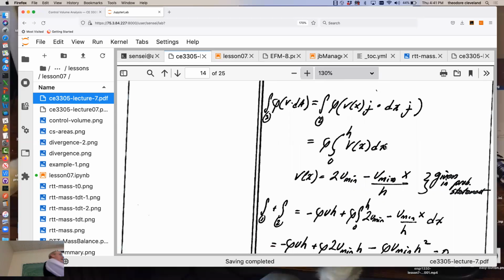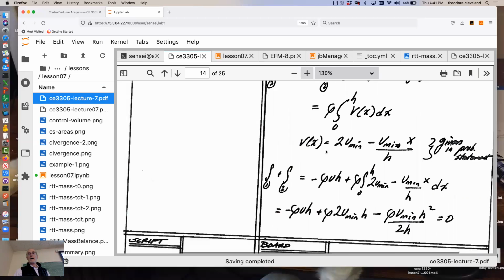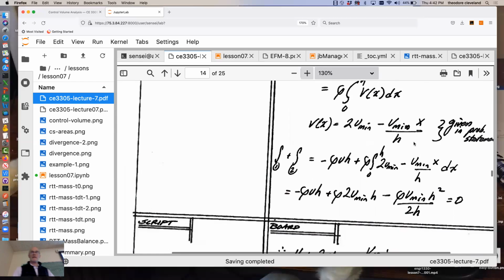We've changed the letter to v because we're now moving in the y direction. And we're given in the problem statement what the functional form of v is. It's 2 u min minus u min over h times x. So that's expanding it out after the integration.